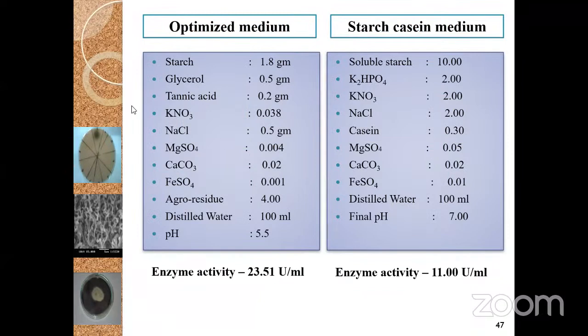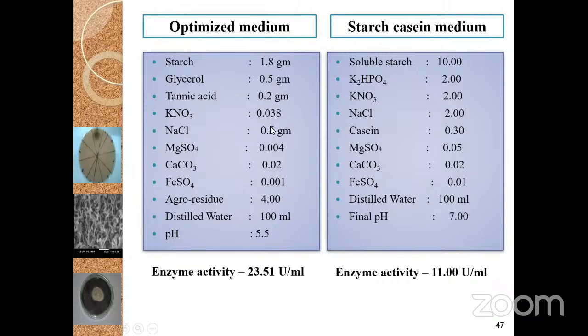After carrying out this optimization, we have taken two different media, that is the original media and the optimized media. The original media is starch casein medium, and this is the new media in which the variation is there after the statistical optimization.